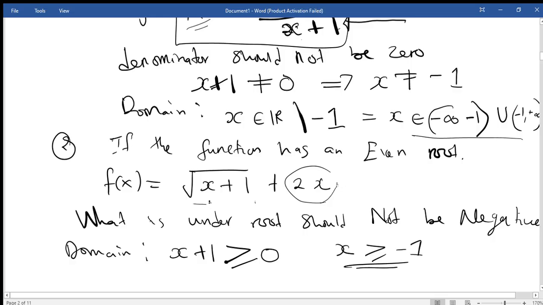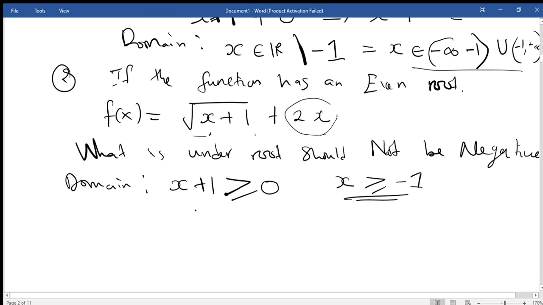That's what it means. So these are the two restrictions which you have to focus on. And remember, if there are no denominators and no square root, it means the function becomes all real numbers.